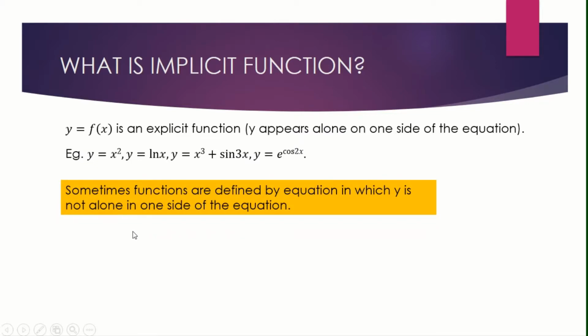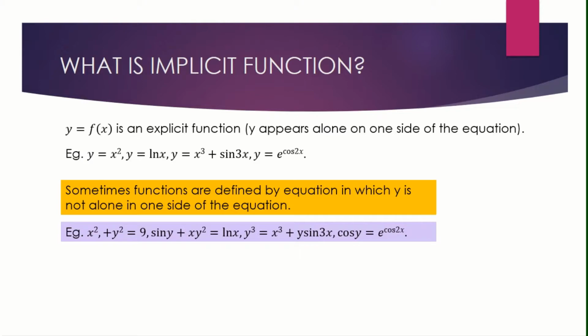However, sometimes functions are defined by equations in which y is not alone on one side of the equation, or not in the single form of y. Some examples are x squared plus y squared equals 9, sin y plus xy squared equals ln x, y cubed equals x cubed plus y sin 3x, cos y equals e to the power of cos 2x, and others.